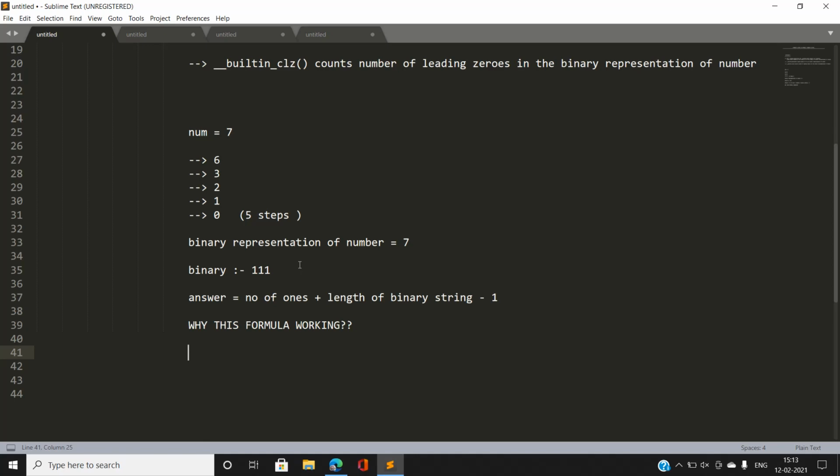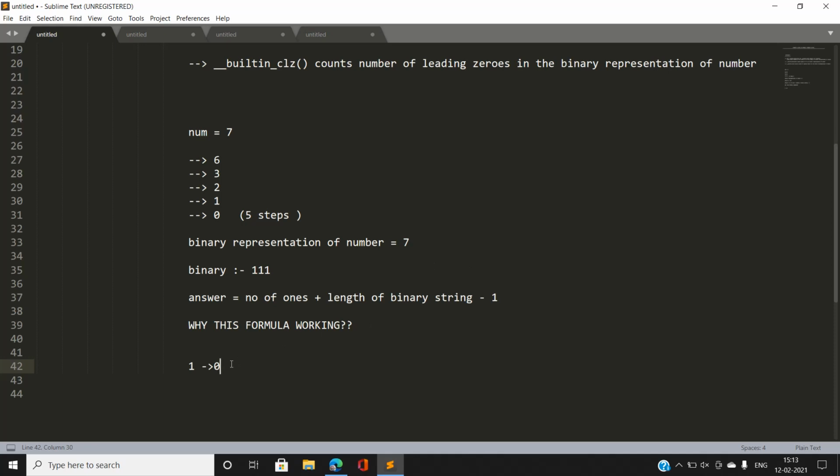So our answer would be incremented by the number of ones. Also our answer would be incremented by the length of the binary string, and I subtract 1 because when we finally encounter 1, I make it 0 directly, so the number of steps would be 1 rather than 2. So I reduce our answer by 1.